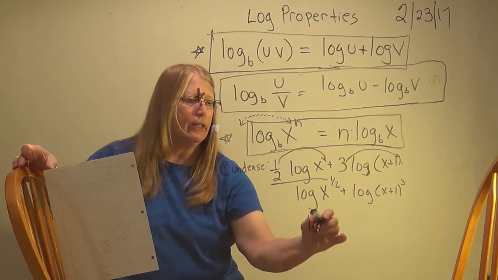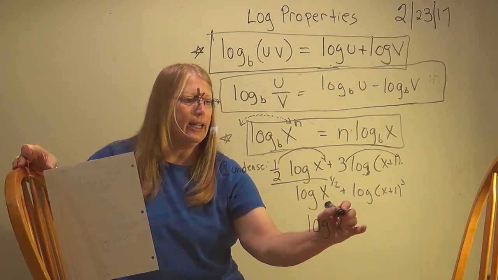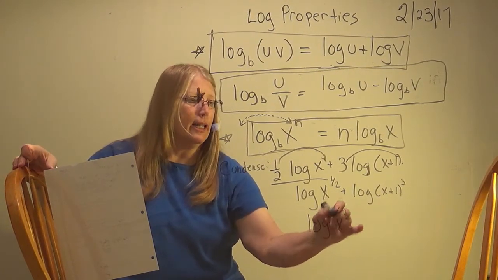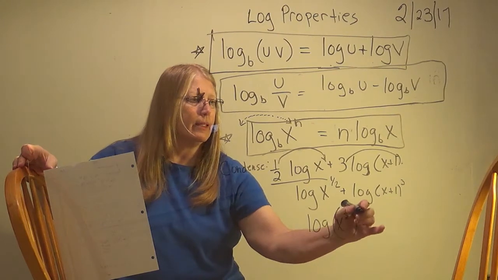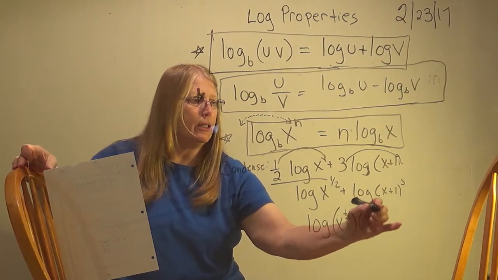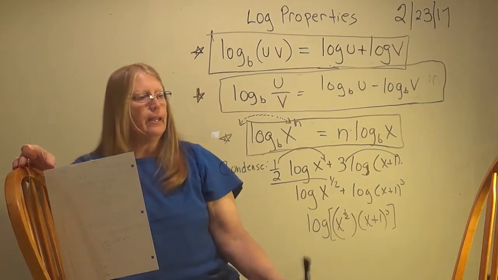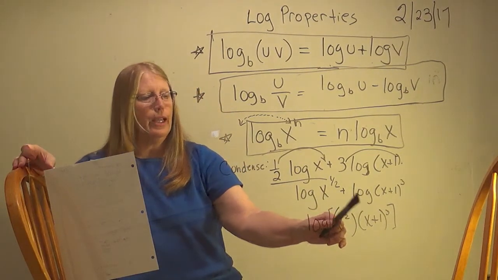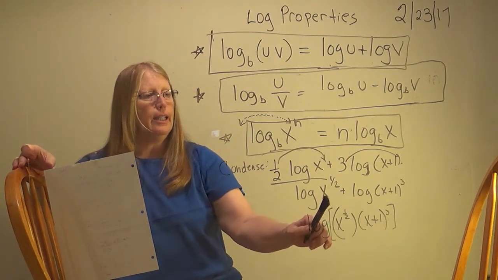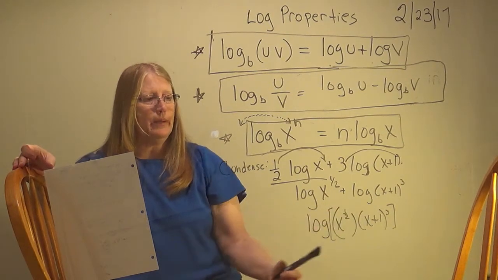So I have log of x to the 1/2 times x plus 1 cubed. So do you see how I combine these two logs as one log, taking the arguments and multiplying them together?